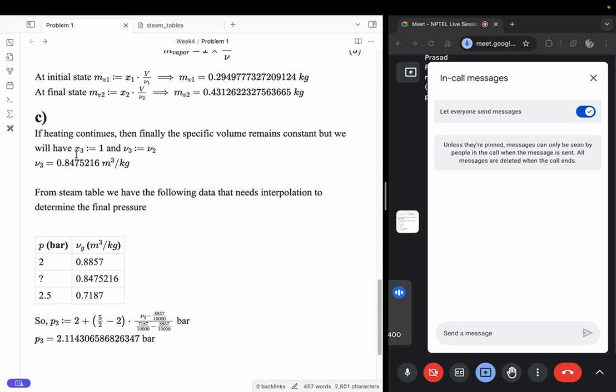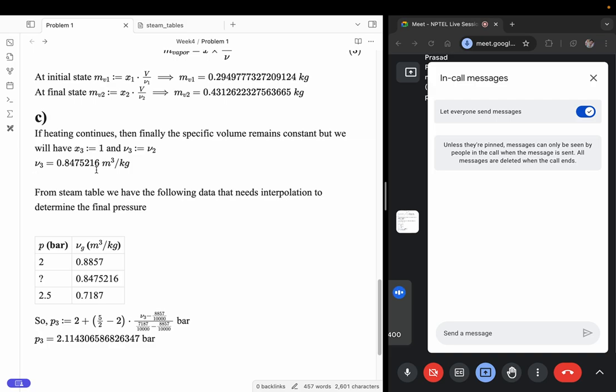This x3 equal to 1 is useful for me as long as I am on the saturation curve. This tells me that I am on the saturation curve. So when I am on the saturation curve, I need only one independent property. By fixing the pressure, I will be able to fix a specific volume. By fixing the specific volume, I will be able to fix the pressure and temperature, other things. So knowing specific volume alone is sufficient to tell me what the pressure is, only if I am on the saturation curve. This is not happening if you are in the superheated region.